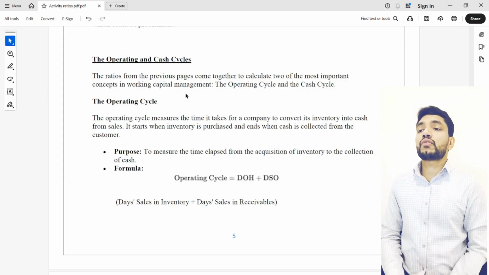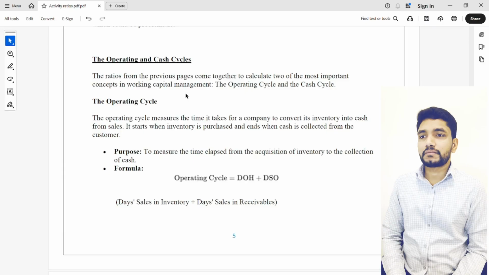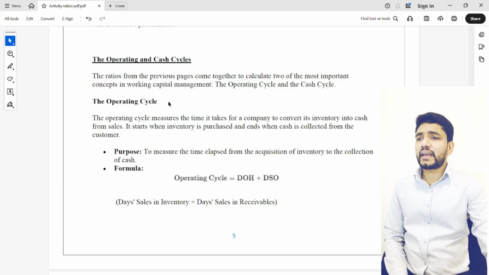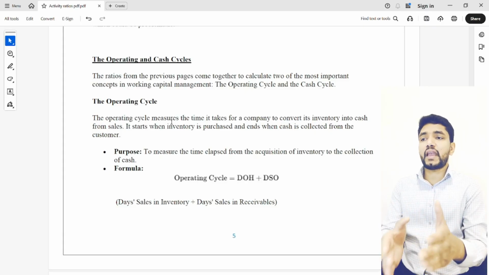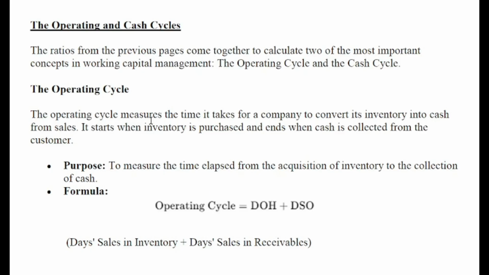So now we'll move into operating and cash cycles. The operating cycle measures the time it takes for a company to convert inventory into cash from sales.